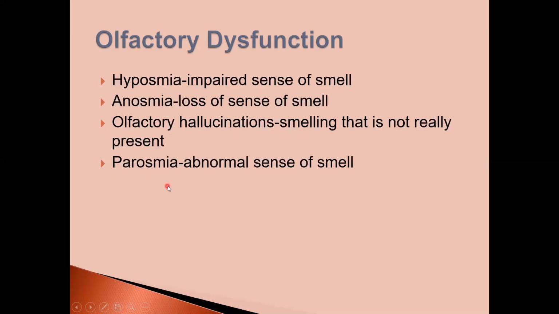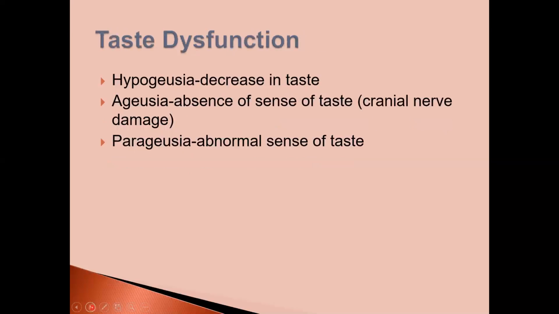Parosmia is an abnormal sense of smell. Now for taste dysfunction, there are some terms here. Hypogeusia is a decrease in taste. Ageusia is the absence of sense of taste. Parageusia is an abnormal sense of taste.